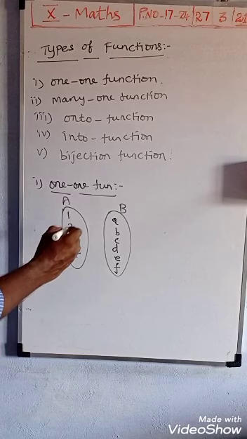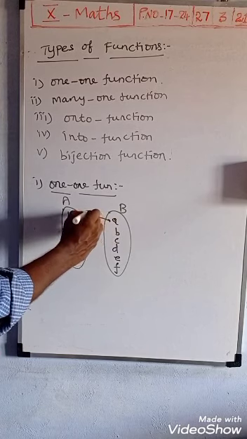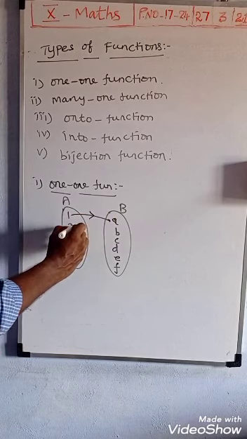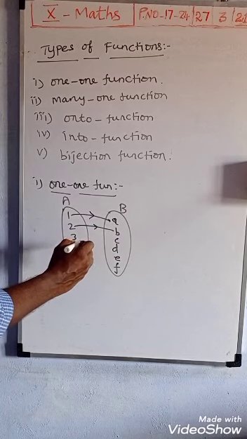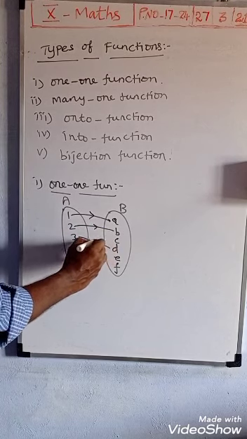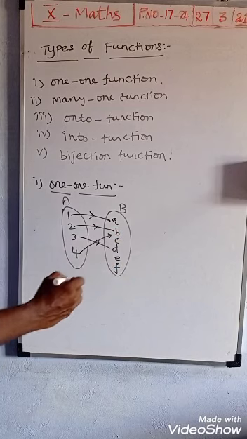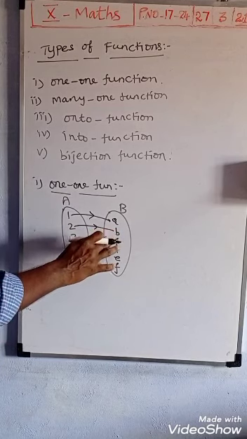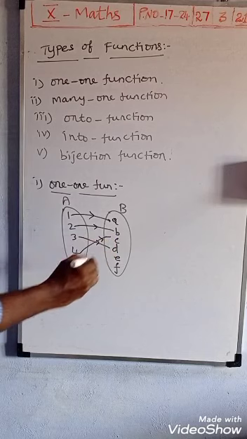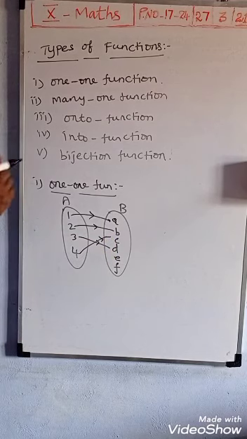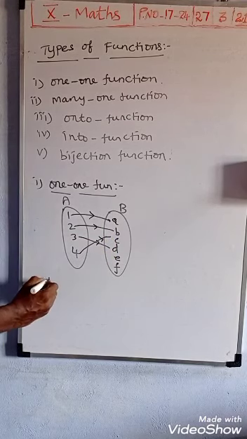Then the function is compared. 1 tends to A, 2 tends to B, 3 tends to D, 4 tends to C. So like that it is given. What is the definition of 1-1?